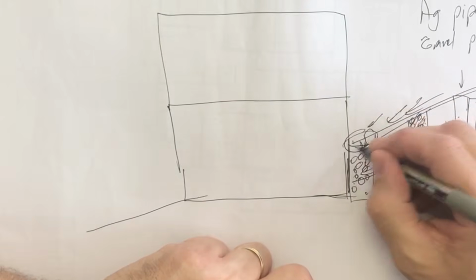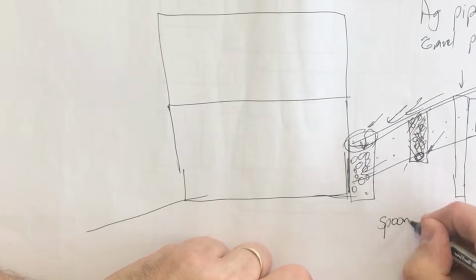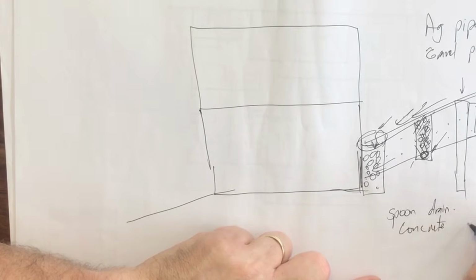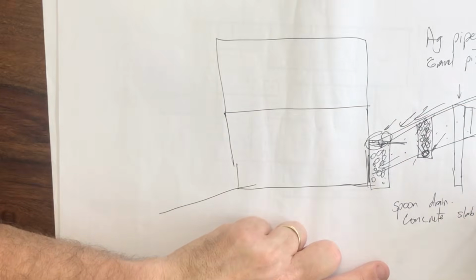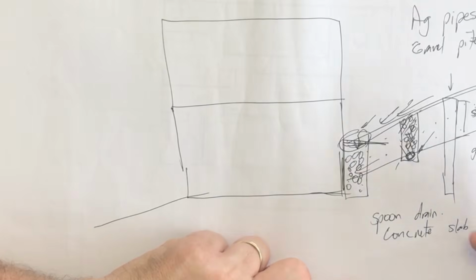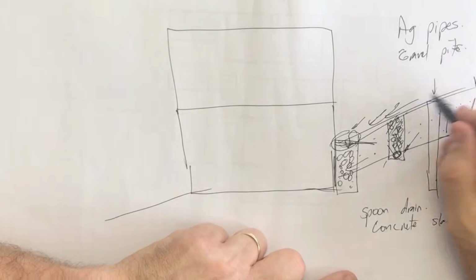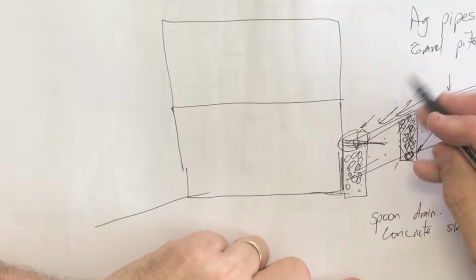We need a spoon drain right beside that house, and or a concrete slab that falls away from the house, and that needs to be over the top of the aggregate, over the top of that gravel filled trench, that backfill behind the retaining wall. So a concrete slab with a spoon drain or some sort of drainage system, or a spoon drain beside the house to capture that water that's still overland flowing towards the house, despite our uphill attempts to capture all that water. That water then gets diverted around the side of the house and downstream of the house.